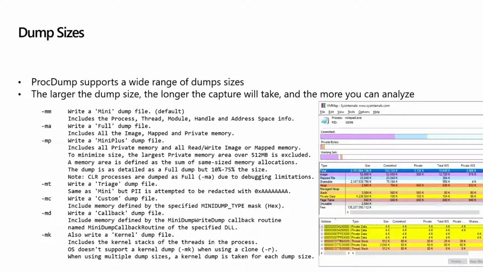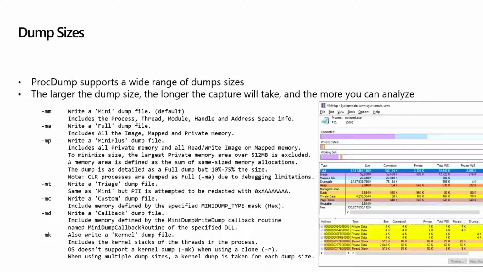And then in the middle, there's one called Mini Plus, which is a ProcDump concept where we try to get just what's required, but try to be sure we do have enough memory to investigate a situation. If you have a really big server, where say maybe 100 gigabytes, it's a way of bringing that down to a more reasonable size in the 10 to 20 gig range, for example.